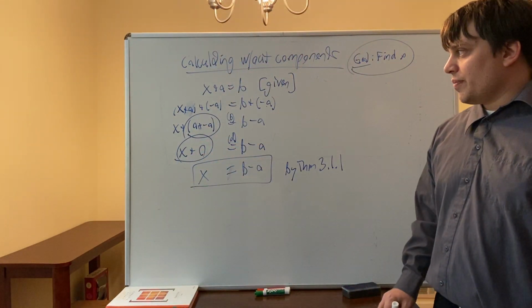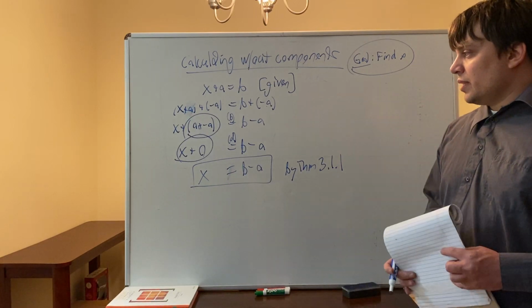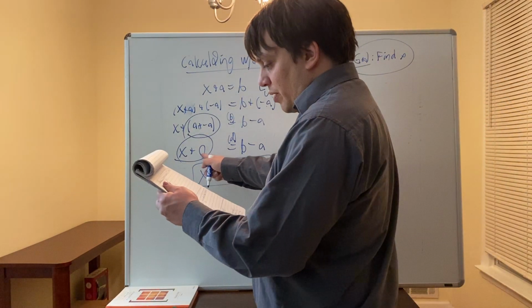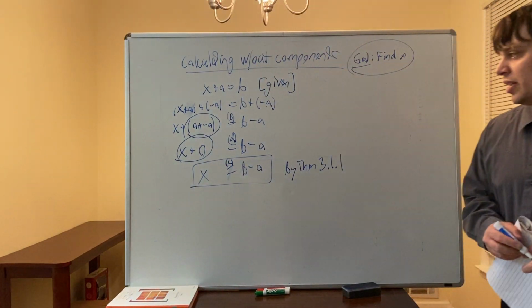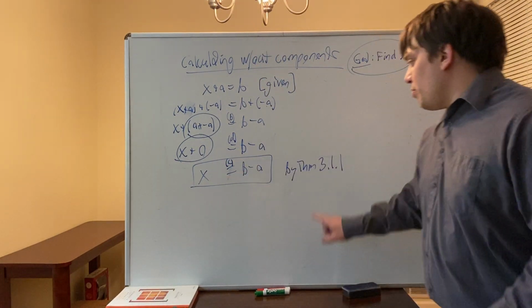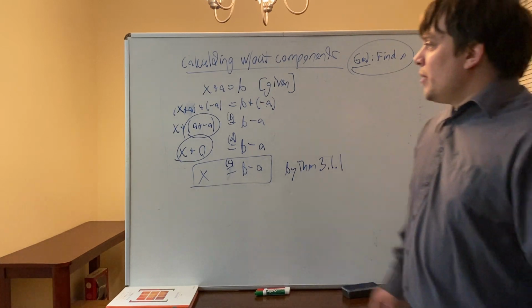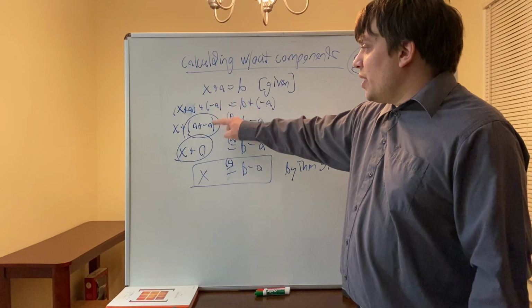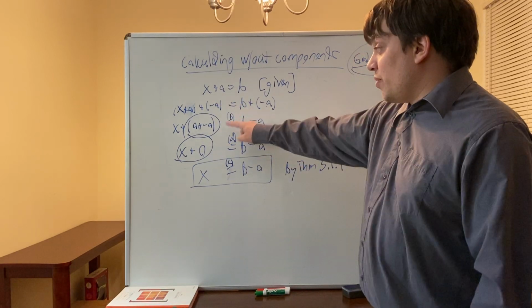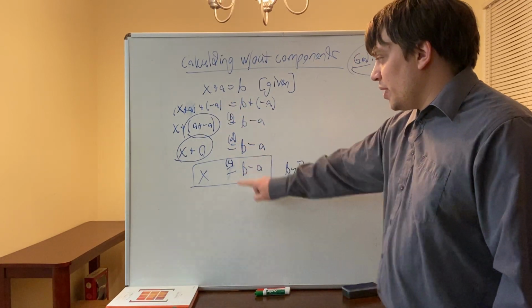And then saying a vector plus 0 is equal to itself, that's part C of the theorem. So we reach this conclusion by theorem 3.1.1. Here I just add negative a to both sides on the right side. Then to go from here to here, I use part B of that theorem, then from here to here, I use part D, and from here to here, I use part C.